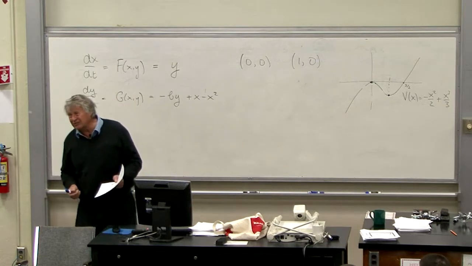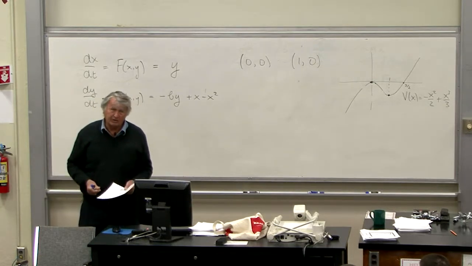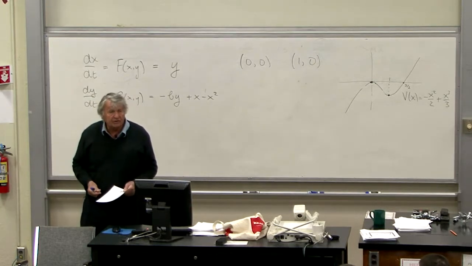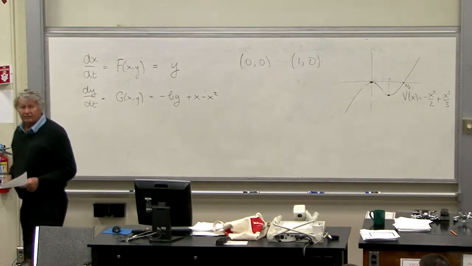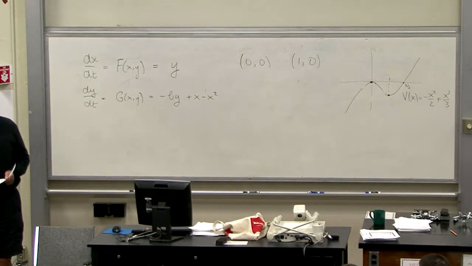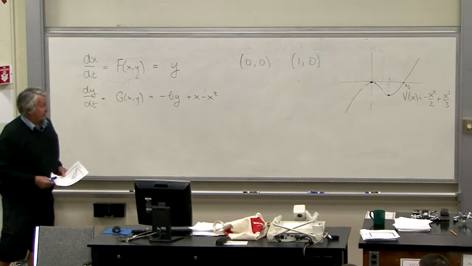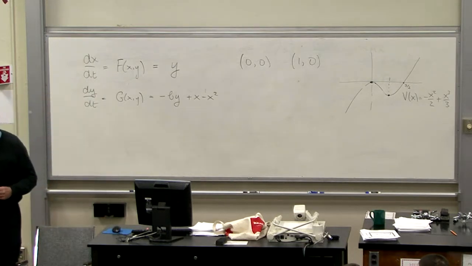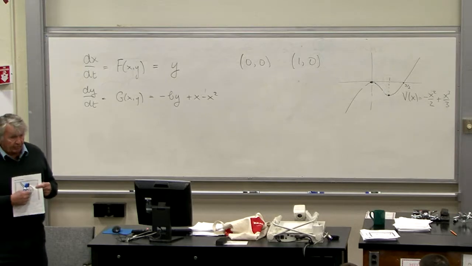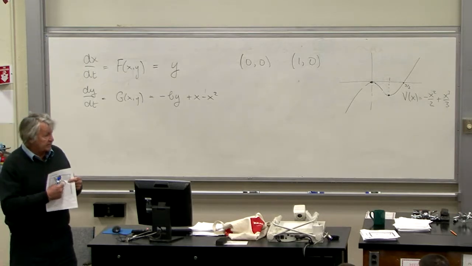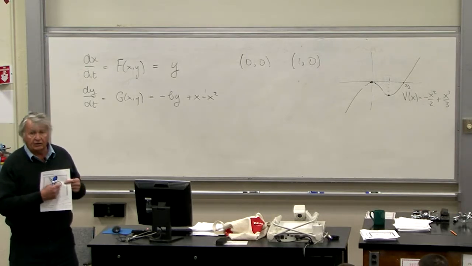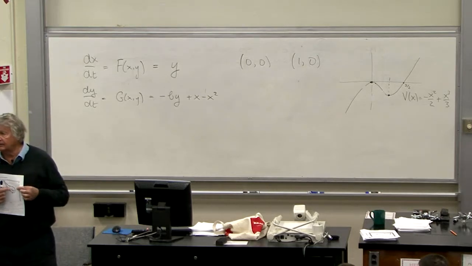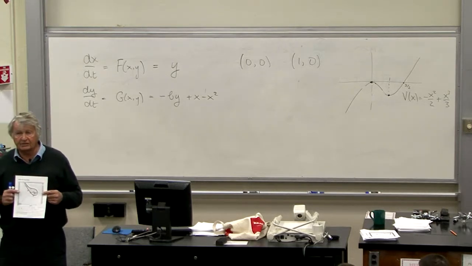So if the friction is strong enough, it's a stable node. If the friction is relatively weak, then usually you have this stable spiral. In this case, it's a spiral. You can see that if I start near the point 1, 0, I spiral into it as t goes to infinity, right? So that's a stable spiral.